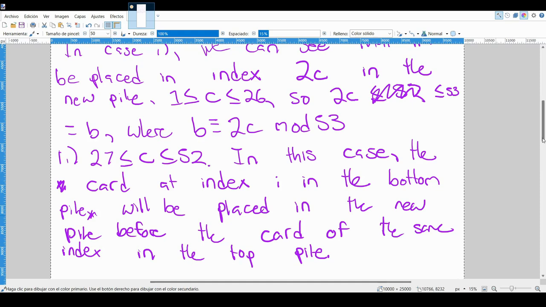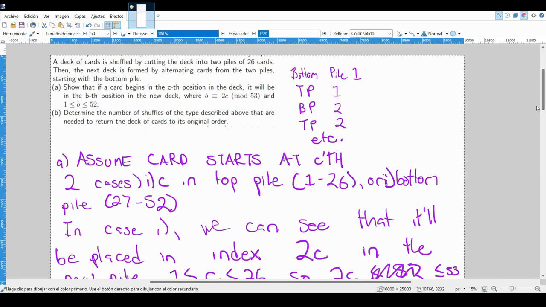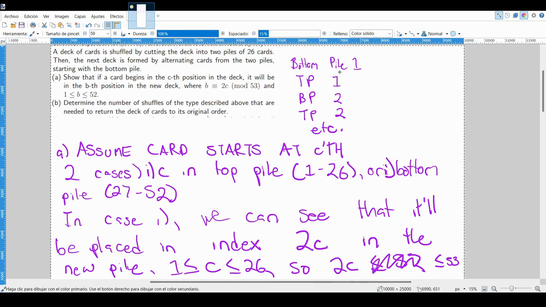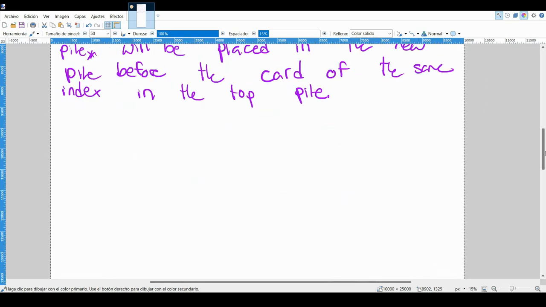So as we established up here, the card at index 1 of the bottom pile, which would be 27, was placed first. The card at index 2 of the bottom pile, which is 28, was placed third, and that pattern will continue across the entire pile.